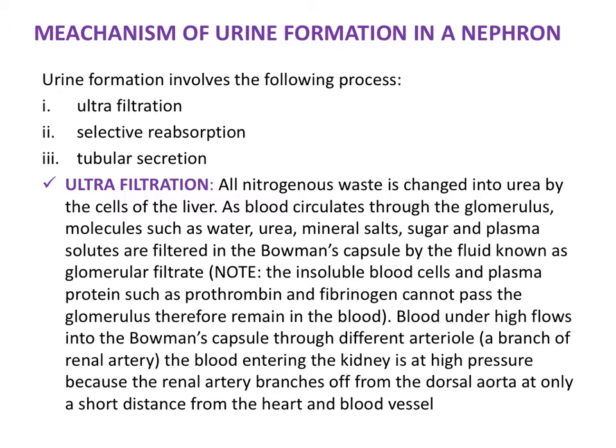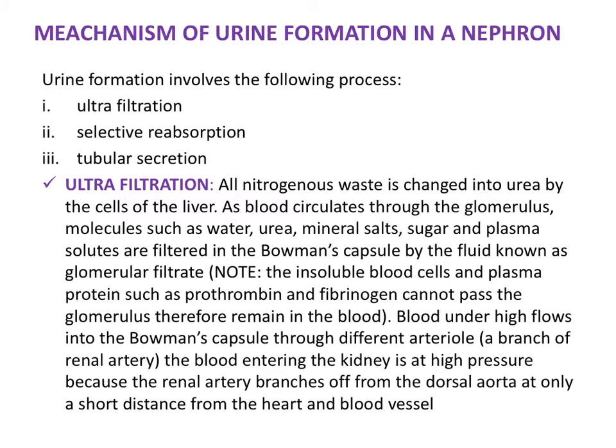All nitrogenous waste is changed into urea by the cells of the liver. As blood circulates through the glomerulus, molecules such as water, urea, mineral salts, sugar, and plasma solutes are filtered into the Bowman's capsule as the fluid known as the glomerular filtrate.